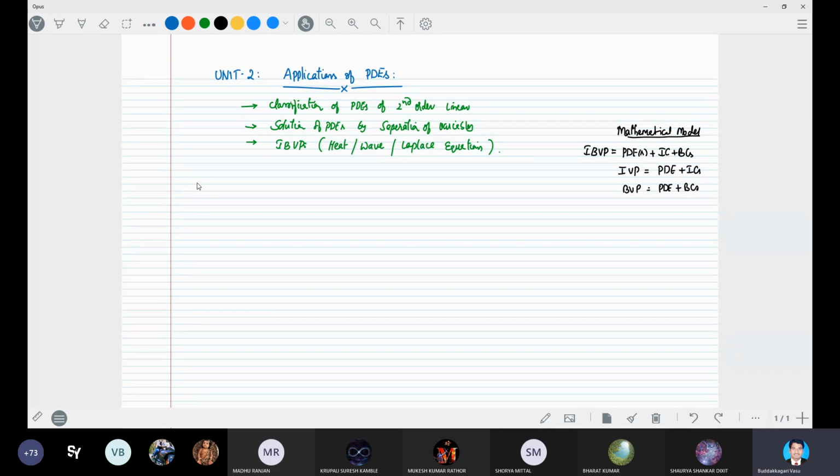The Fourier method or method of separation of variables.